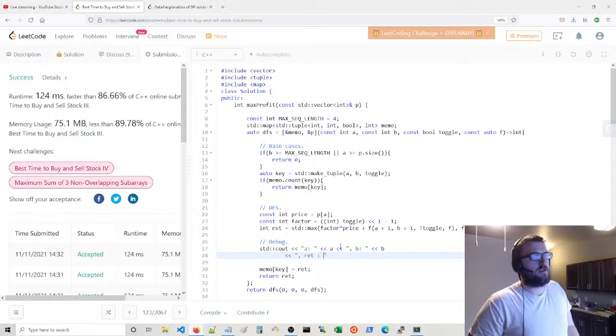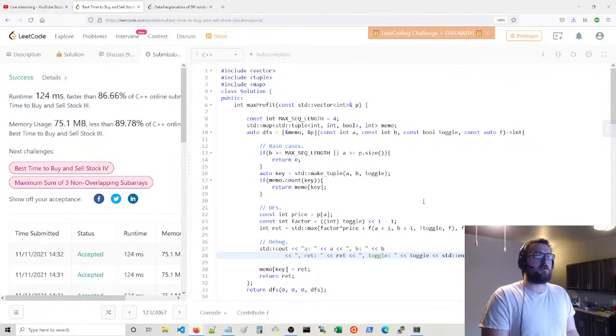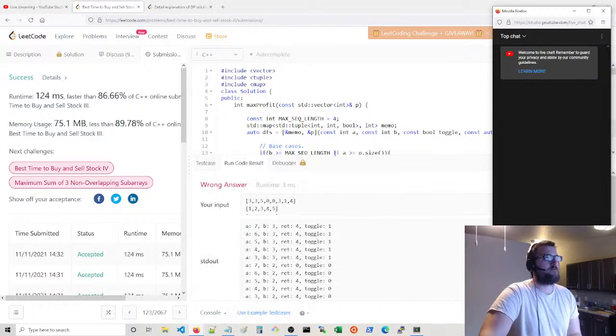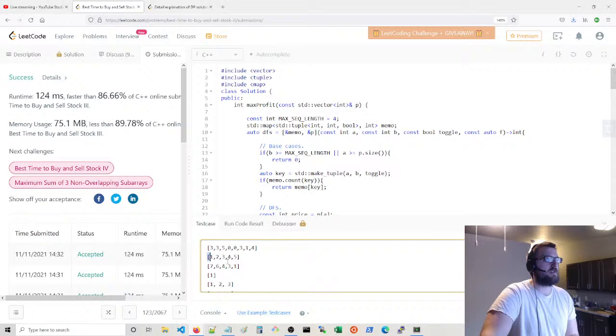A, B, ret. I just want to see what's going on. Toggle. I don't know. That's probably enough for now. Maybe there's more information I might want. Okay. We also should probably just do one at a time.